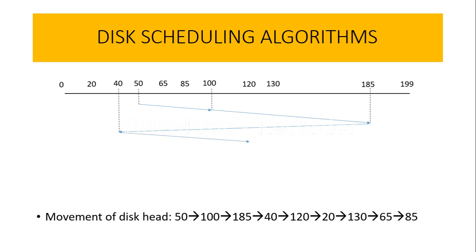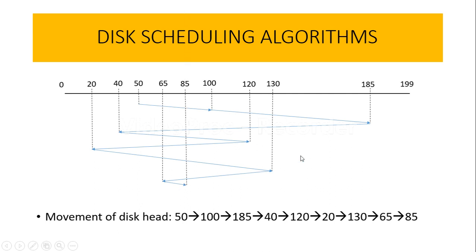Then it will come back to track number 20, because this is the order in which the requests for IO came. After processing track number 20, the read write head will move to track number 130, followed by track number 65 and lastly track number 85. So this is the head movement. Hope you understood how we got this.